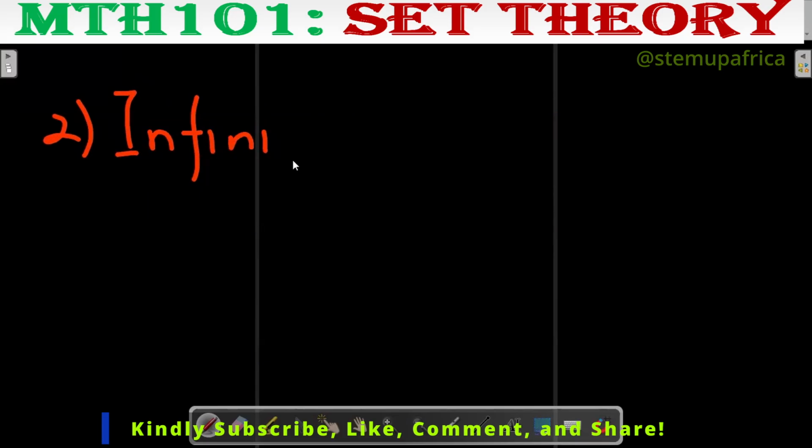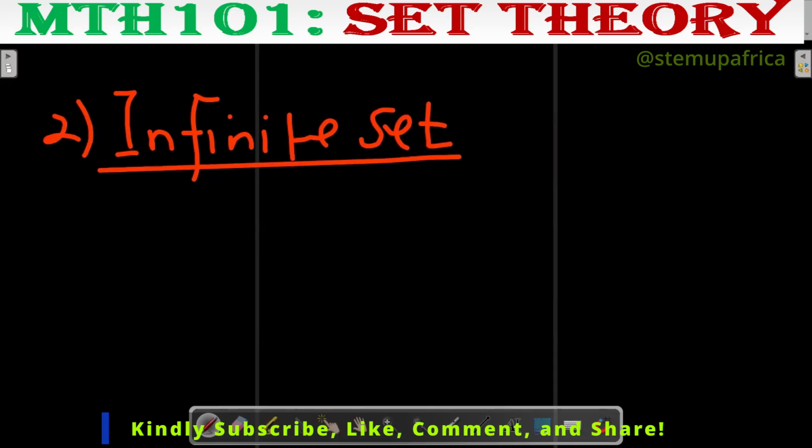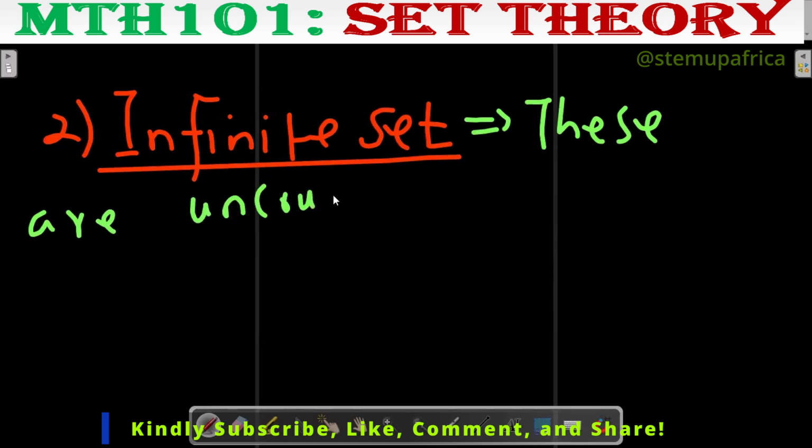Infinite sets. What are the infinite sets? These are uncountable sets, meaning you can't count them. There's something like sand, water. Exactly. These are uncountable numbers of elements.